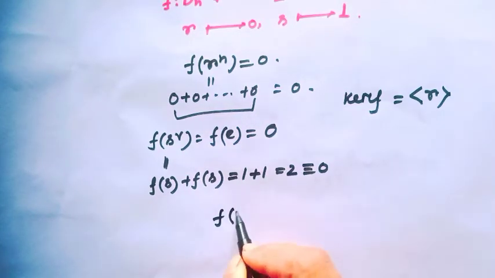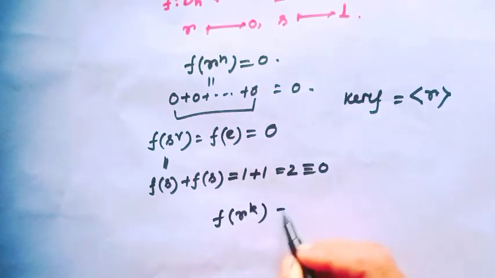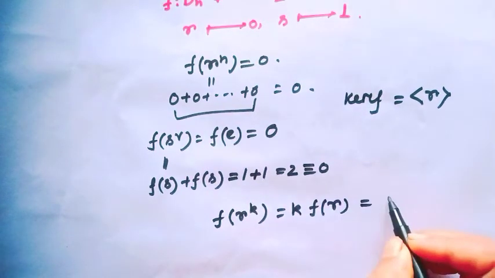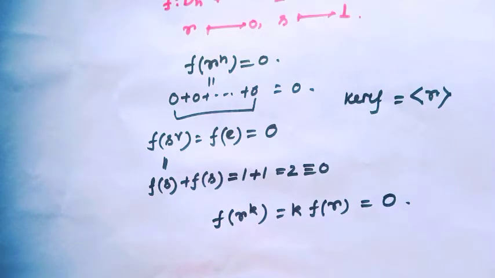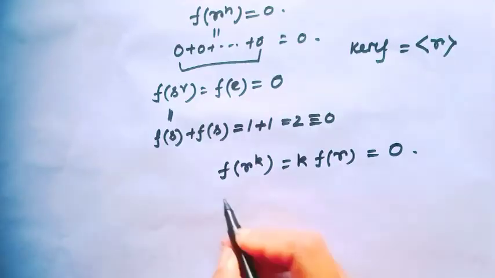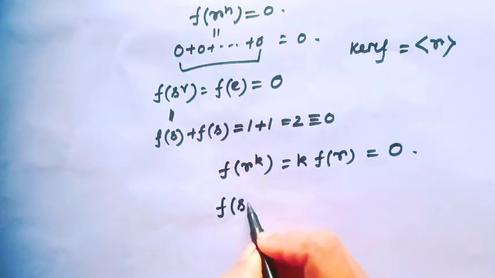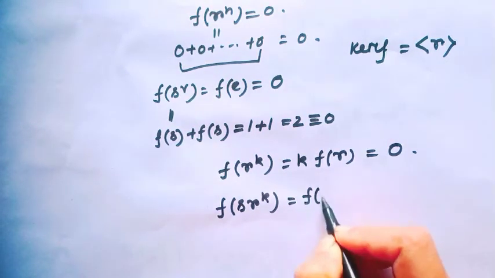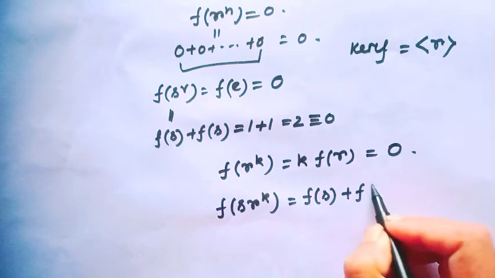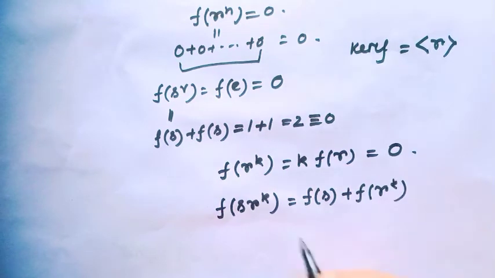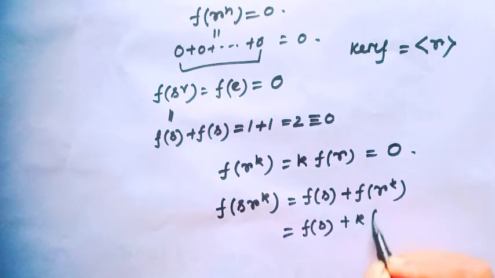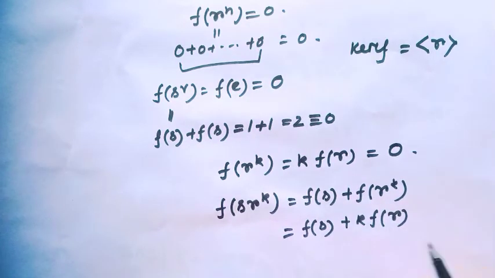f of r to the power k equals k times f(r), and this is always 0. And f of s r to the power k equals f(s) plus f of r to the power k, which is f(s) plus k f(r).